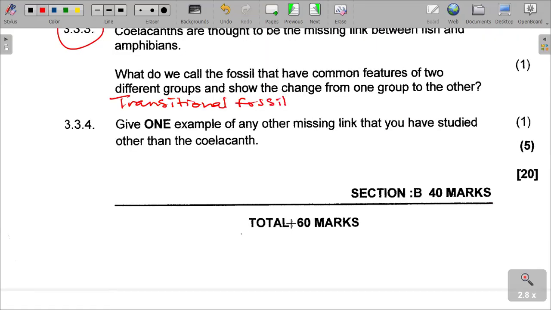Give one example of any other missing link that you have studied other than the coelacanth. We can talk about Archaeopteryx. It's an example of this.